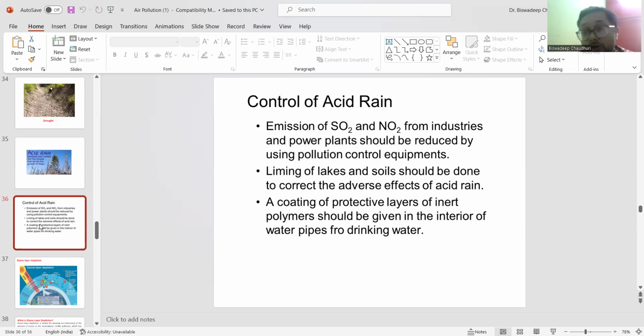First of all, we should be very much conscious about what we are doing. We should reduce burning of fossil fuel. We should go more towards renewable energy sources. We should stop our car engines whenever possible. It means what? It is purely consciousness. See, what we are doing is secondary, but what we are thinking is primary.